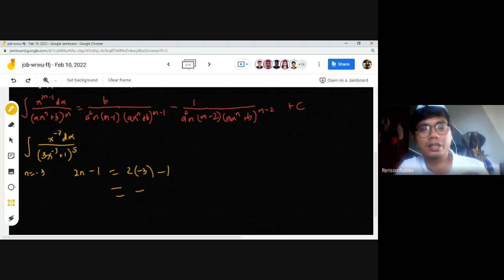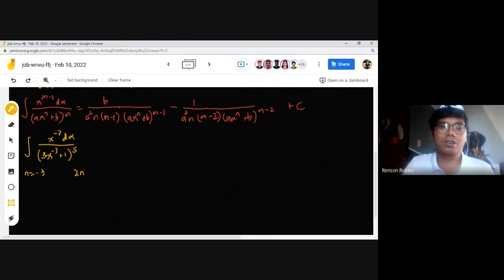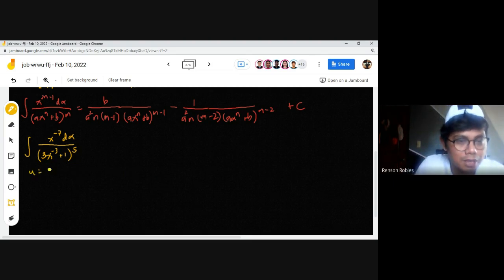Again, what I'm teaching you is that the power of x, the n, is not always a positive number. It is also not always a fraction. It can also be negative as long as it satisfies this form. Using the long process, you let u be equal to 3x raised to negative 3 plus 1.